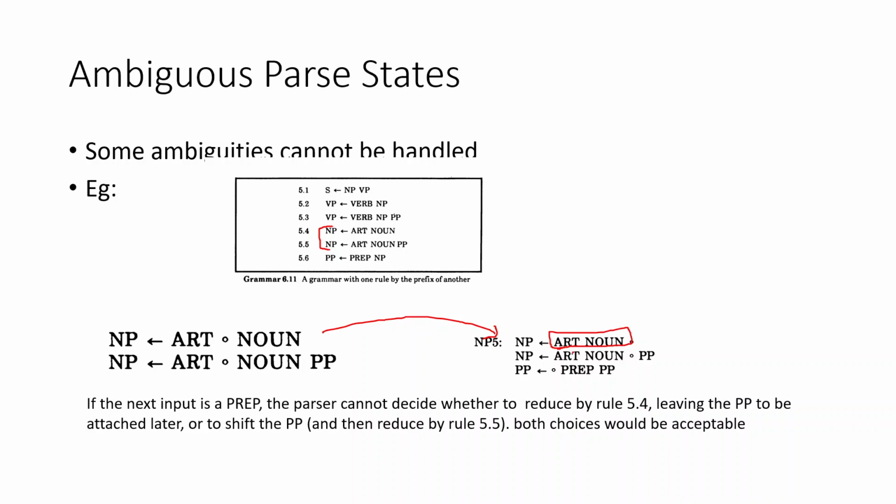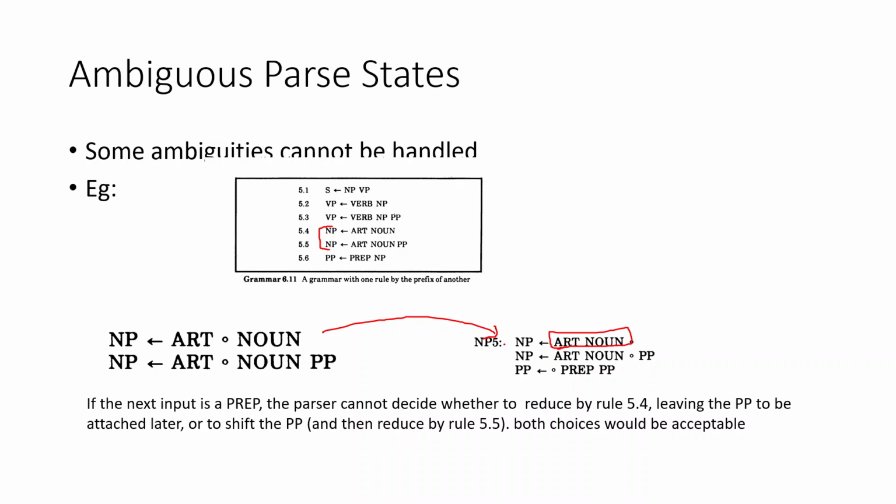At this stage, the shift reduce parser can go for a reduction from article noun to NP, or if it comes across a preposition, it can process the preposition.